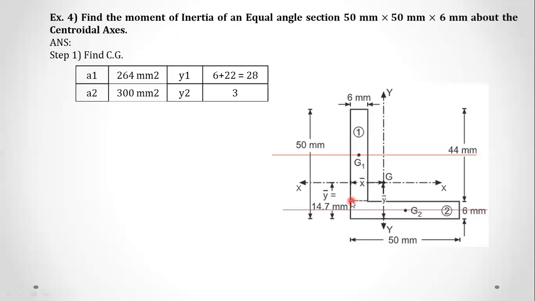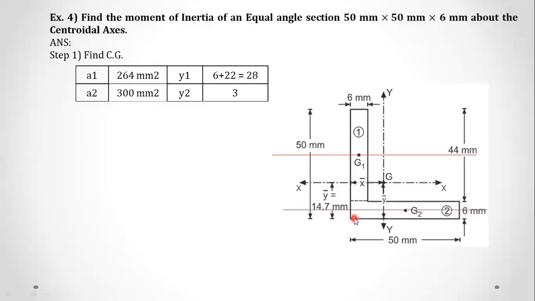So how much will this length be? 44 mm. We are cutting out 6 mm thickness of the horizontal leg. So the dimensions of the first rectangle will be 6 mm by 44 mm, and you will get an area of 264 mm square. Now a2. a2 is the area of the second rectangle. The second rectangle dimensions are 50 mm by 6 mm.